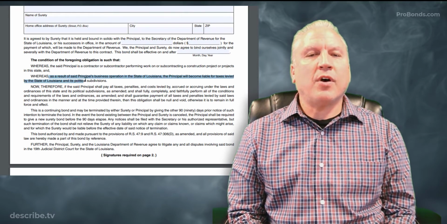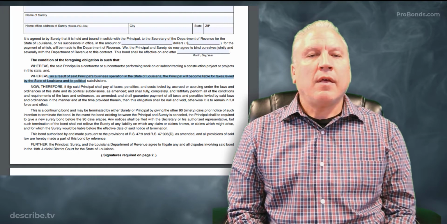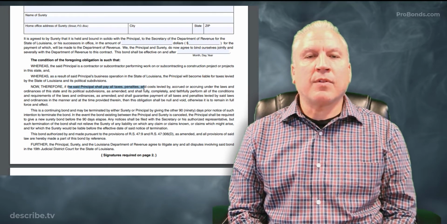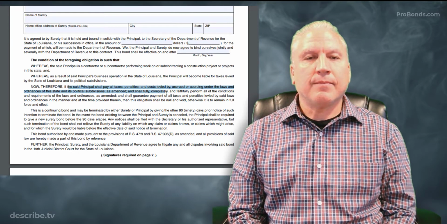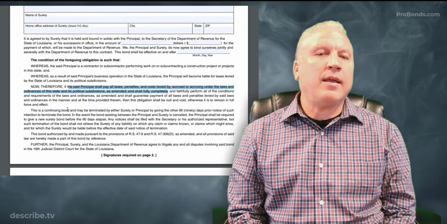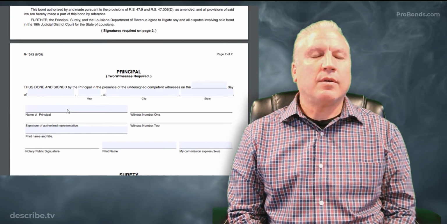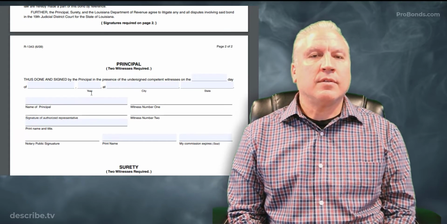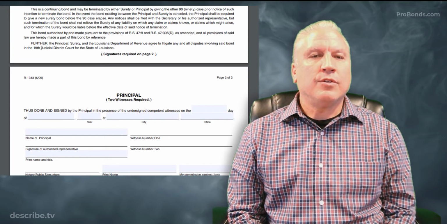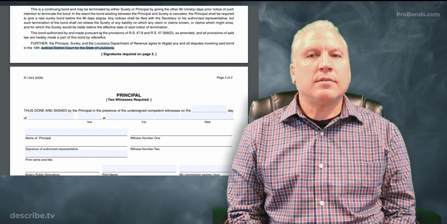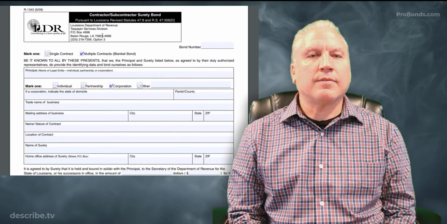As a result of the business operation, the principal shall pay all taxes, penalties, costs under the laws of the state completely. If the taxes are not paid, that's where the surety comes in. Principal has to sign it, surety has to sign it. And the judicial district for Louisiana is the beneficiary. If there's a claim, then the surety's on the hook.